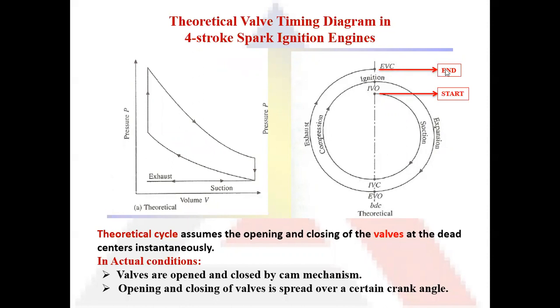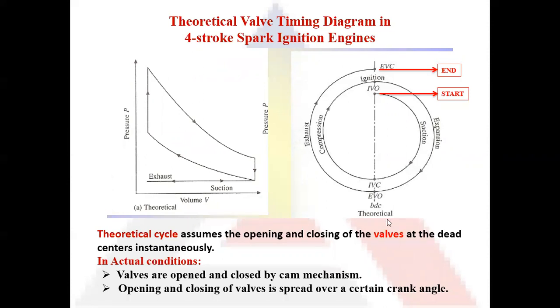This is my end of the cycle. Again, I start the next cycle from the start point, where the inlet valve opens. So exhaust valve closes, inlet valve opens, suction takes place, inlet valve closes, compression takes place, ignition takes place, then the power stroke takes place. As I move downwards, the exhaust valve opens and the exhaust stroke takes place. At the end, EVC is when the exhaust valve closes.